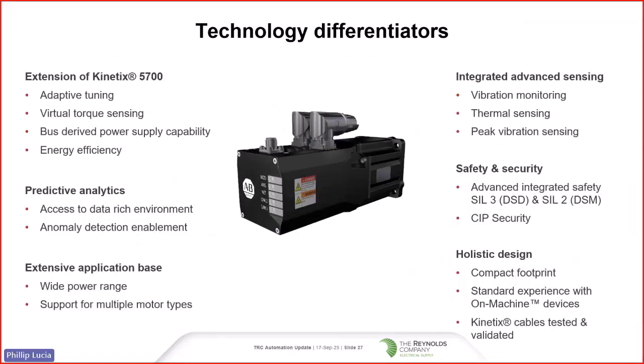Like I said, Armor Kinetics is an extension of the 5700 platform with all the unbeatable features of that flagship drive, while also equipped with some new advanced sensors for enabling predictive analytics, all in a compact on-machine footprint. The advanced integrated safety features pair perfectly with Rockwell's other machine safety solutions, which Eric will be discussing shortly.